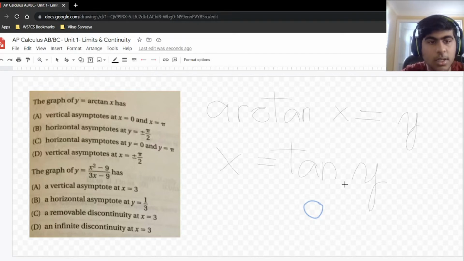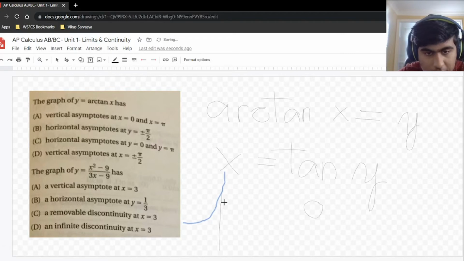A vertical asymptote would have dotted lines, and the two sides of the curve would be curving up. Let me attempt to draw a graph of it. If this is your line, say x equals 0, which it's not because we've just verified that, but if it was, then a vertical asymptote would look like this. It would go up and never actually cross that line on this side, and keep going up to infinity.